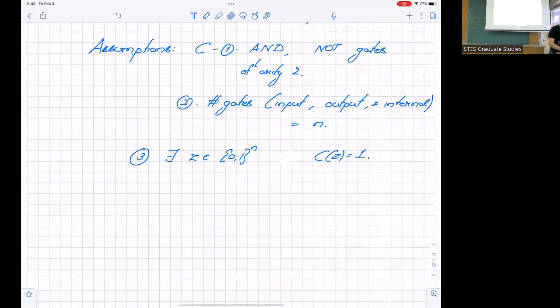But let me not write it as C of Z. Basically, I want C now to represent not just the value at the input gates, but the value at every single gate.